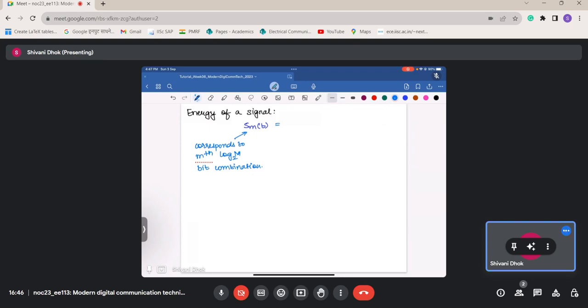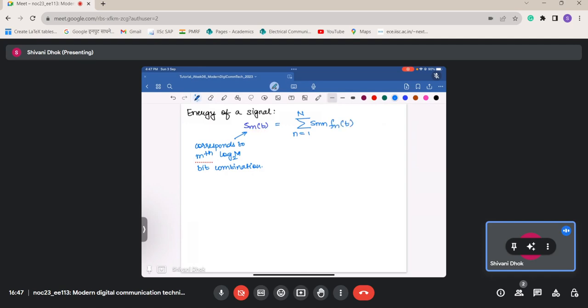So this SMT can be constructed as summation n equal to 1 to capital N Smn phi n of t. Let me use the convention fn t.